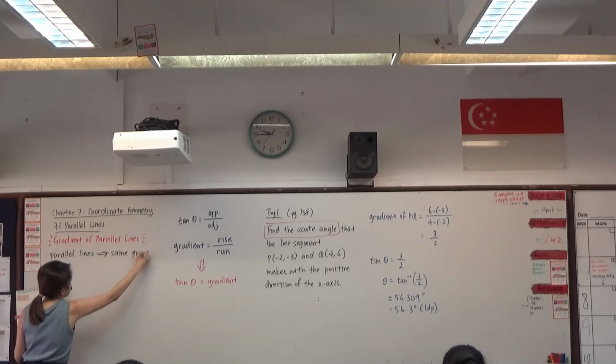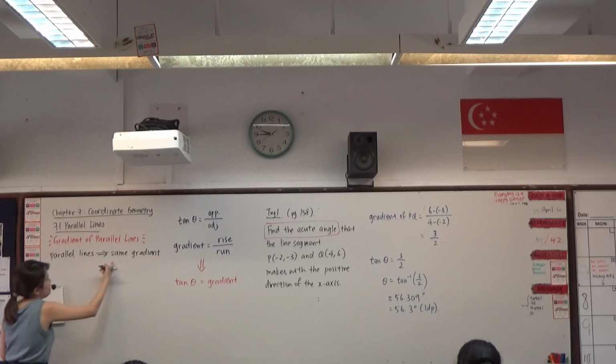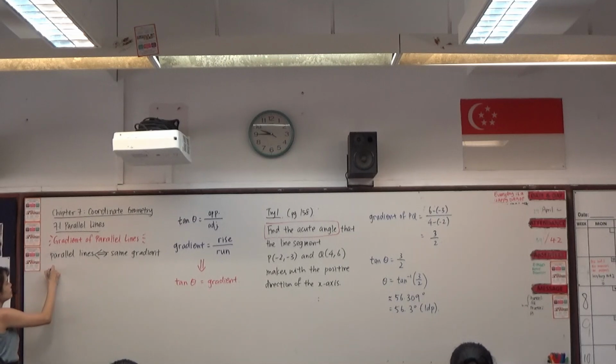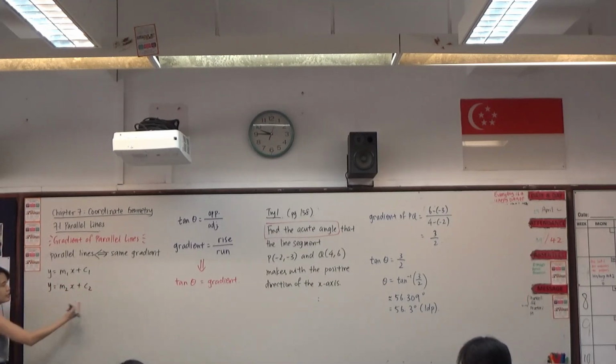Be able to conclude same gradient. Likewise, if I have same gradient, I can say that they are parallel lines. Okay, so it's a two-directional thing, right? In more abstract concept-wise, if I say that the equation of one line is y equals to m1x plus c1, m1 and c1 being a number itself, and then another line that has the equation y equals to m2x plus c2, where m2 and c2 are just numbers.